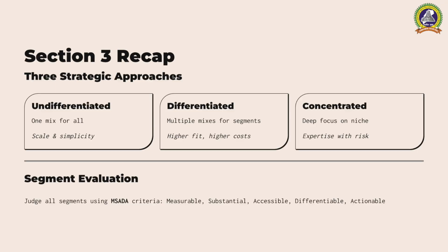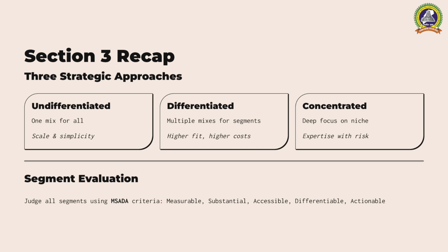Let's have a quick recap of this strategic section. After you have identified your segments, you must choose a strategy. Your three main choices are: first one is undifferentiated marketing, one product for everyone, which is a mass marketing approach. Second, differentiated marketing, creating different products for different markets, which is the most common form of segmentation.